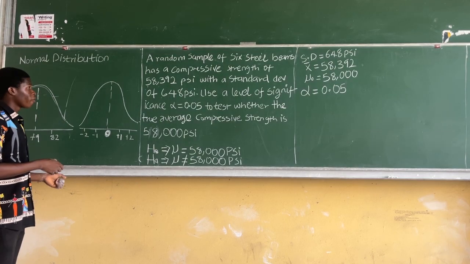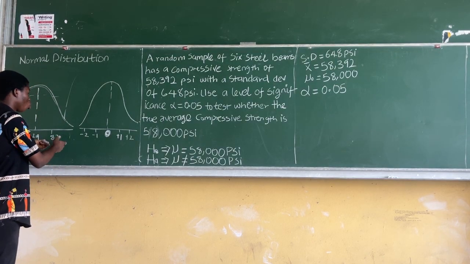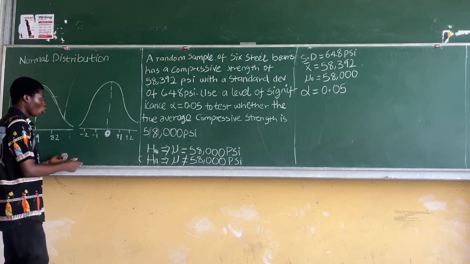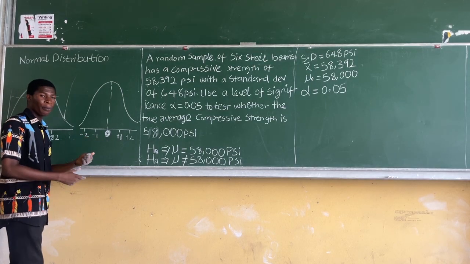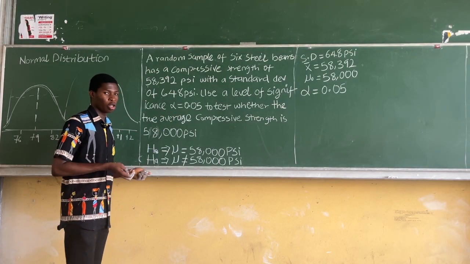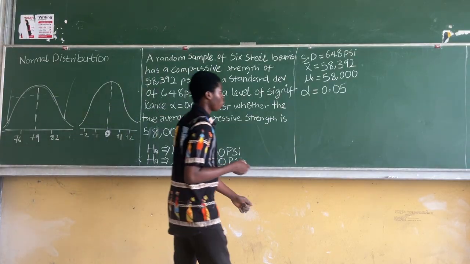So now we'll be converting our values from this z table. We'll be standardizing it from this normal table, in which our 58,000 and 58,392 are present. I'll be converting it to a Z bell curve and comparing it against the level of significance. We are going to be walking through the equation, and I'll guide you on the process.